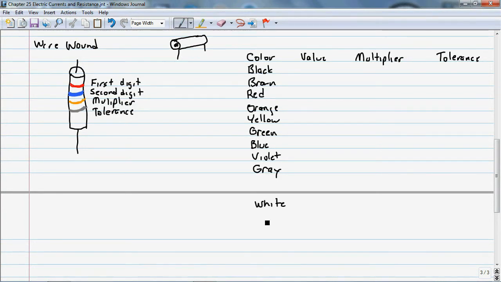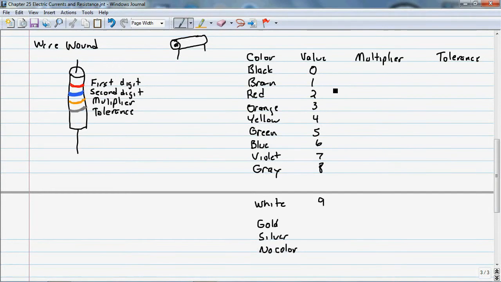And then for tolerance bands, we have gold, silver, and none, or no color. For the value, we start with 0, 1, 2, 3, 4, 5, 6, 7, 8, 9.